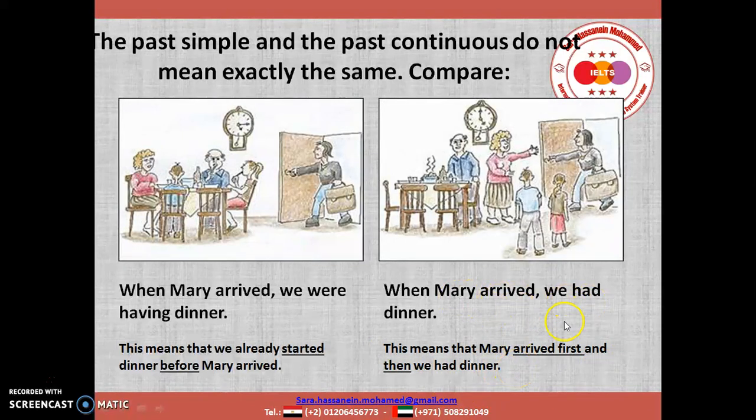And both sentences here are in the past. But in this picture, if you want to use the past continuous tense, it totally gives a different meaning. When Mary arrived, we were having dinner. This means that we already started dinner before Mary arrived.